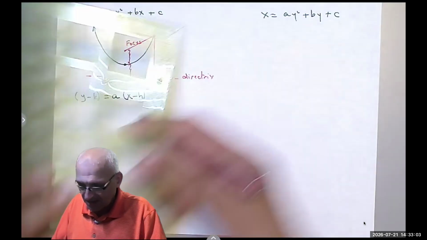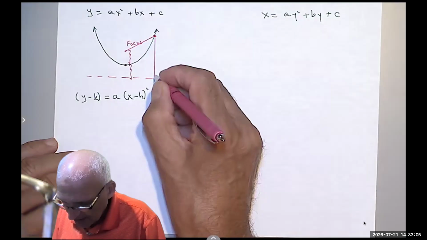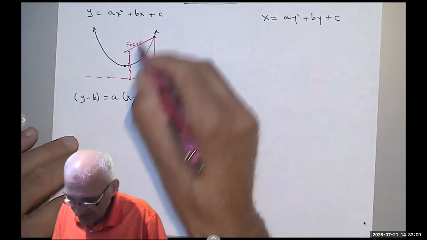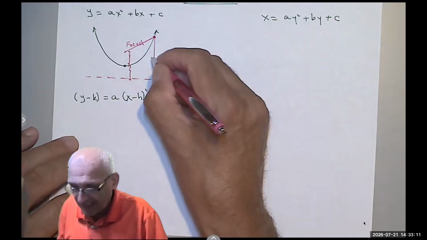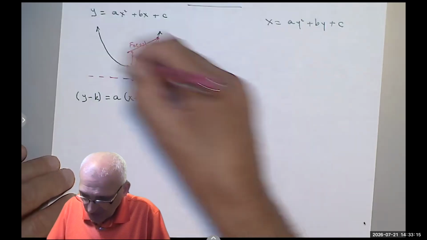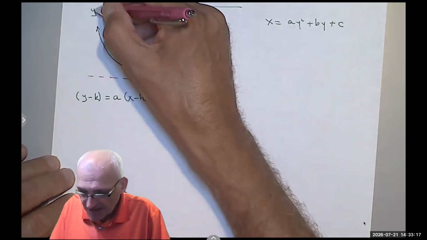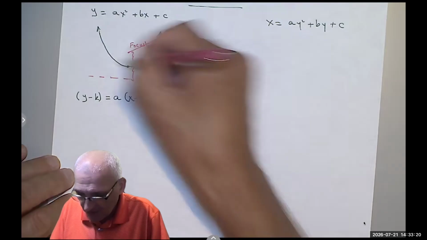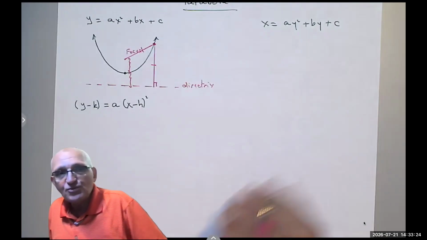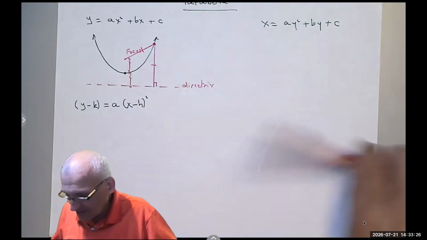It is longer as I drew it, but if we draw this precisely, these two distances would be exactly the same. So for a point moving along the parabola, the distance to the focus is always the same as the distance between this point and the directrix.